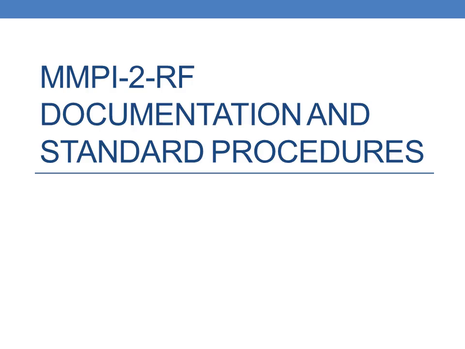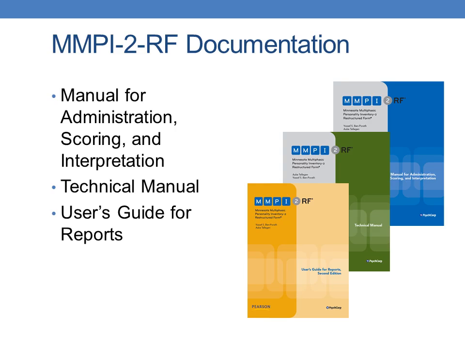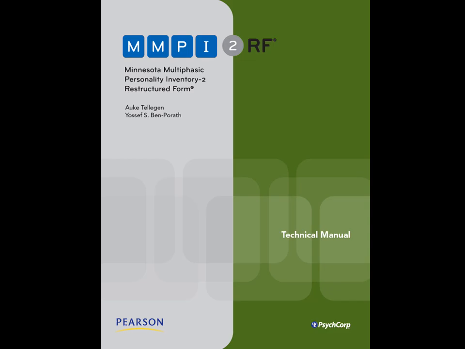Let's talk a little bit about how you use the measure in terms of the manuals and the procedures. So the manuals for the RF include these three. You have the blue scoring and administration manual, the green technical manual, and then I guess it's orange manual that talks about the user guides for reports.